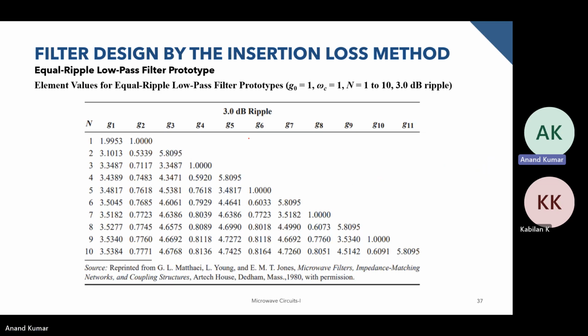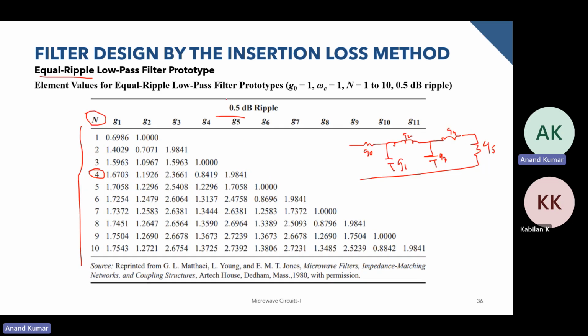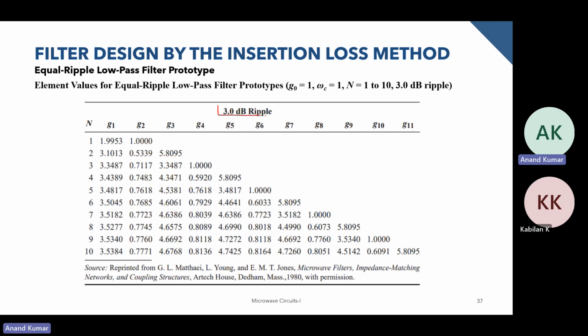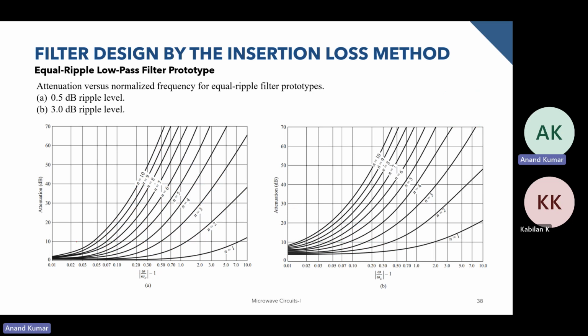This particular table is for 0.5 dB ripple, and this particular table is for 3 dB ripple. So 3 dB and 0.5 dB refer to whether we have small ripples in the passband or large ripples, and depending upon that we get the values.